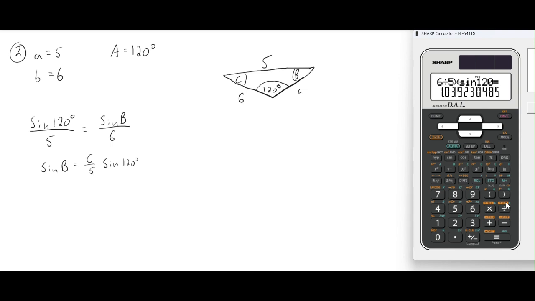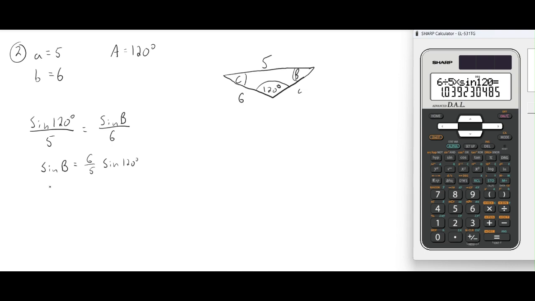Ooh, that's a pretty big number for a sine. Did you know that the sine of any angle can only be as big as 1? Sine of 90 degrees is 1. Any other angle between 0 and 180 gets a lower value for sine. So already I know there's no angle that can make this true.